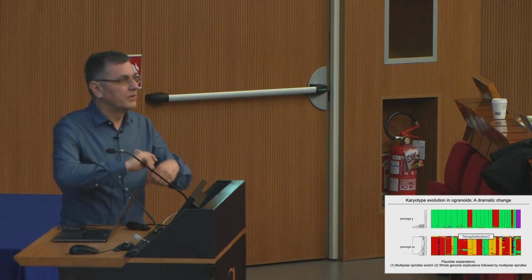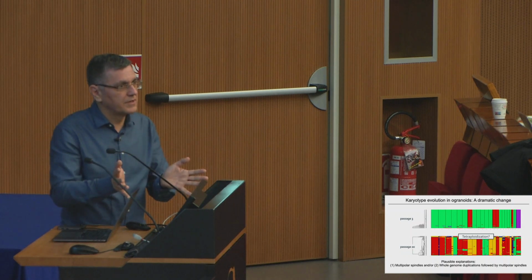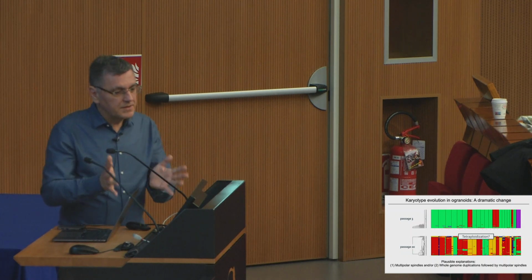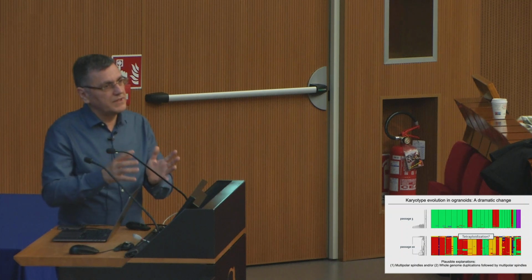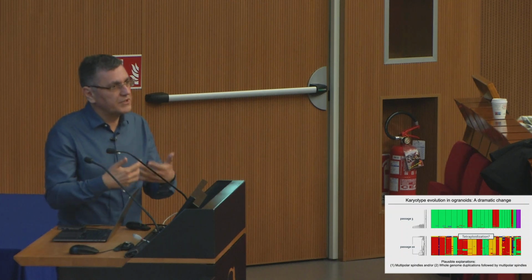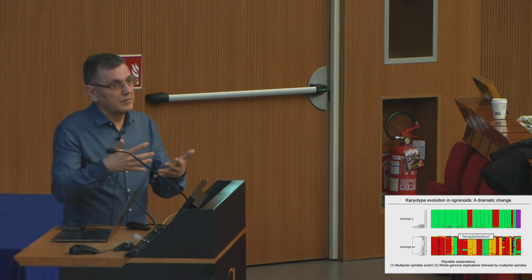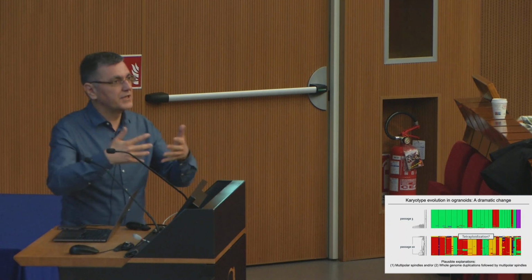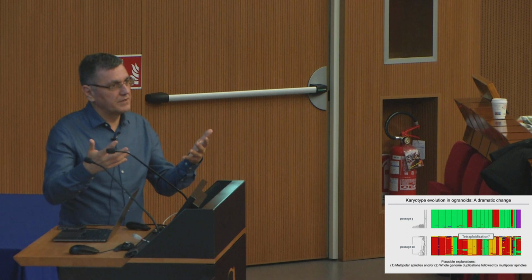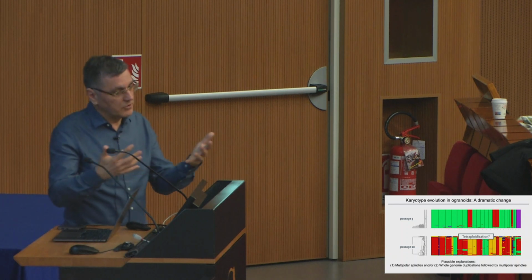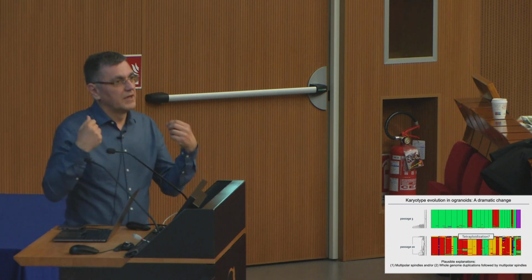stochastic process where you have higher or lower missegregations. But what is not known is that in cells there is a huge missegregation rate in cells that have just normal bipolar spindles. I'm not aware of anything like that.